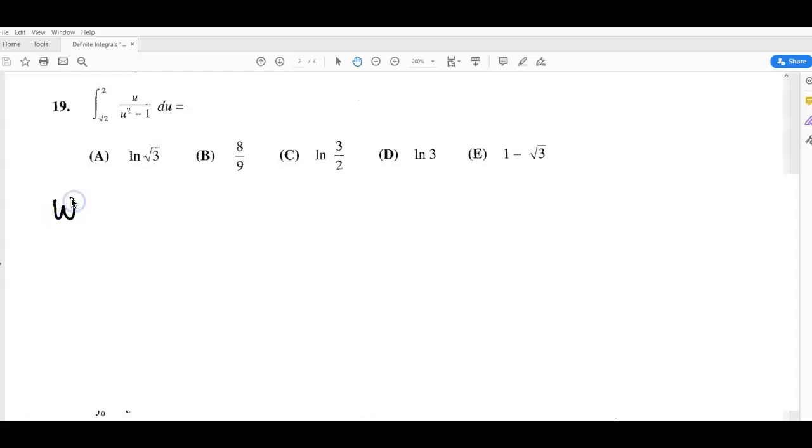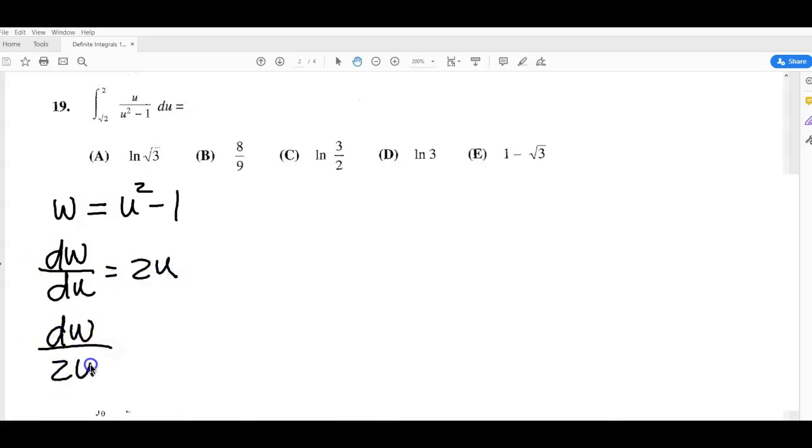Now I'm not going to use u-substitution, I'm going to do w-substitution because they're already using the variable u there. That would be confusing. So we're going to say that w is equal to u squared minus 1. The derivative of w with respect to u is going to be 2u, and then dw over 2u is equal to du.